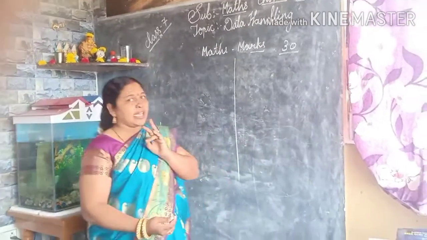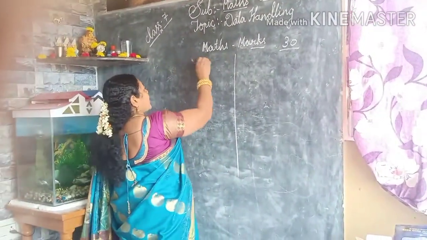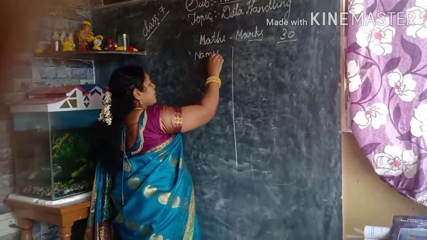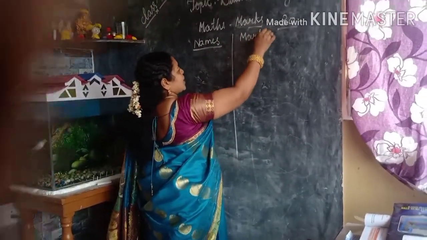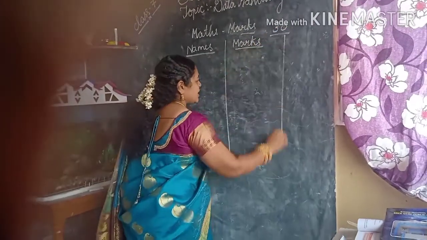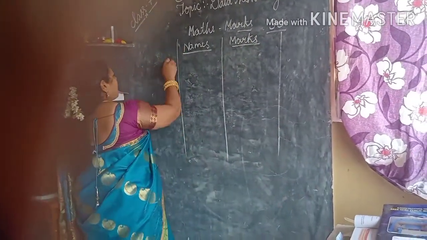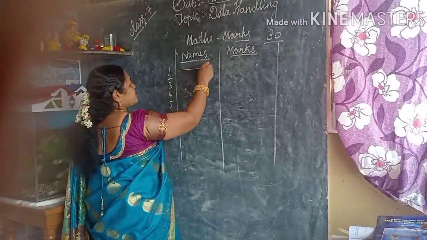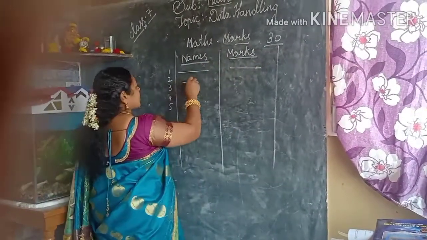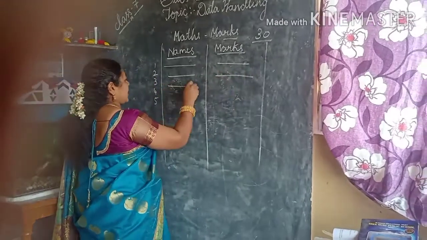To organize the data, the teacher has to write the names of the students and write their marks. So she has to make two columns in a sheet, write the names one by one and write their marks correctly, isn't it?